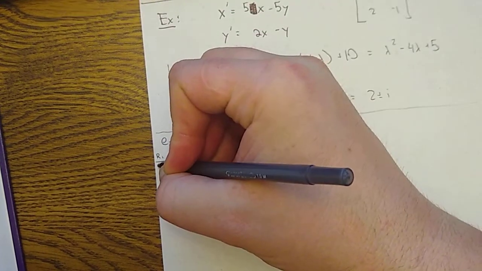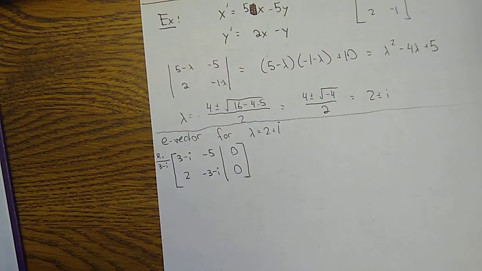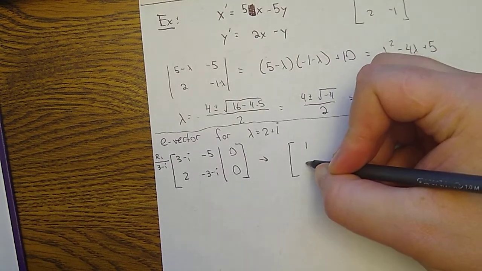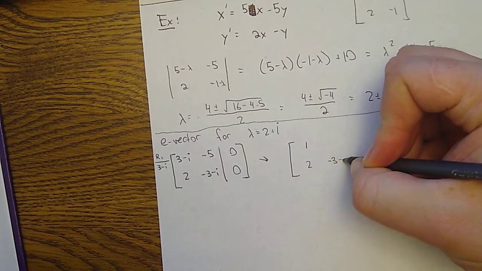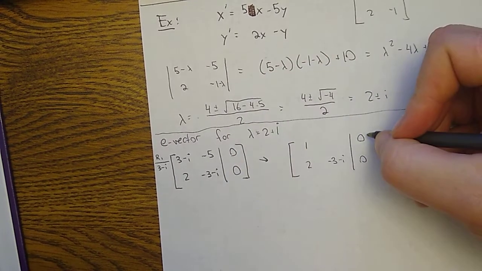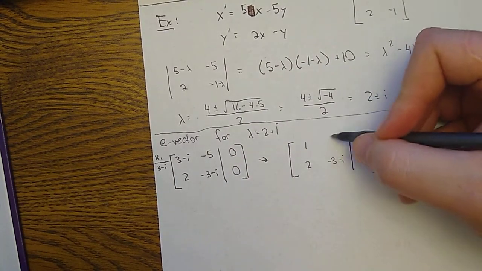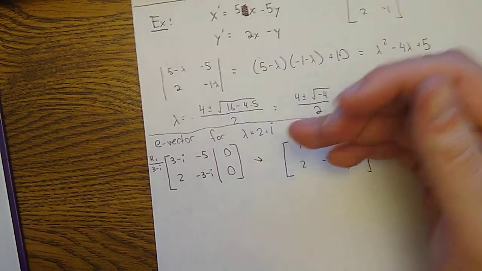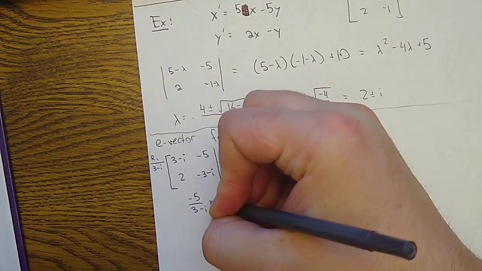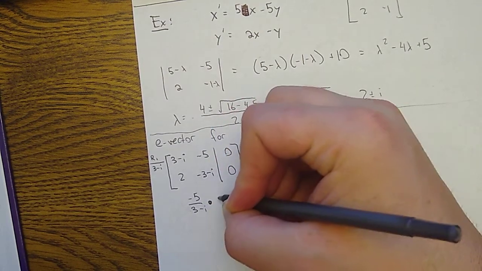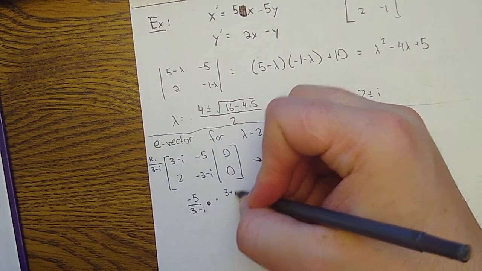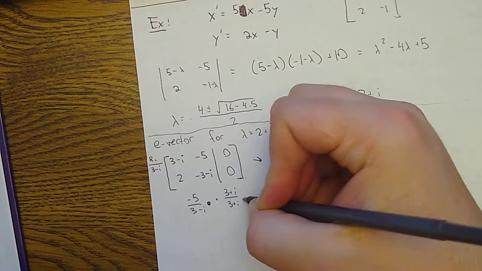I'm going to do row 1 divided by 3 minus i. Of course, that's going to give me a 1 here. That one's not hard. 0 divided by anything is still 0. The big question is what goes here. But we can figure it out. It would be negative 5 over 3 minus i. I won't even write an equal sign yet. Because, of course, what you do is you multiply by the conjugate, 3 plus i over 3 plus i.